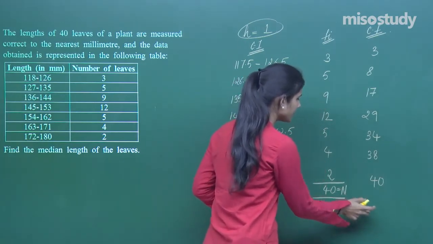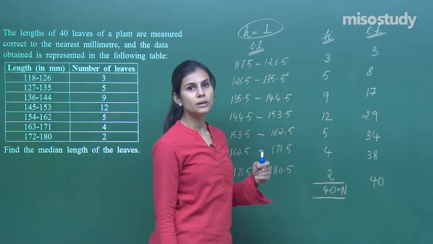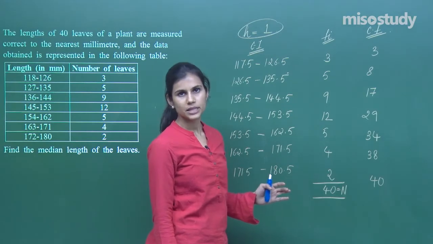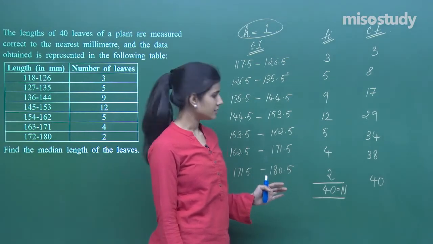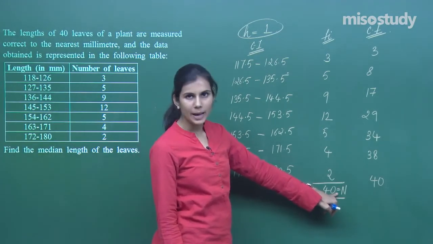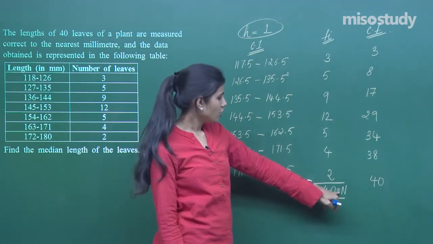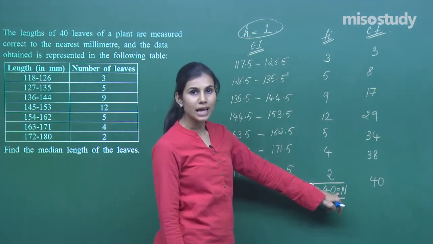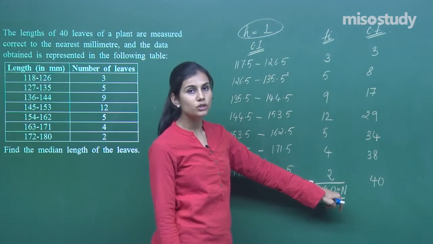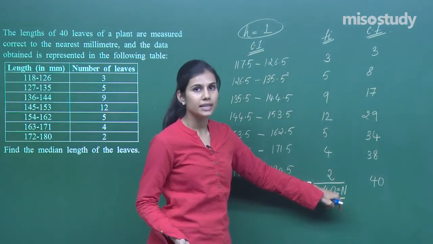The moment capital N is 40, how do you compute the median? The moment you have your capital N with you, you find out N by 2 and search out for the cumulative frequency just greater than N by 2.